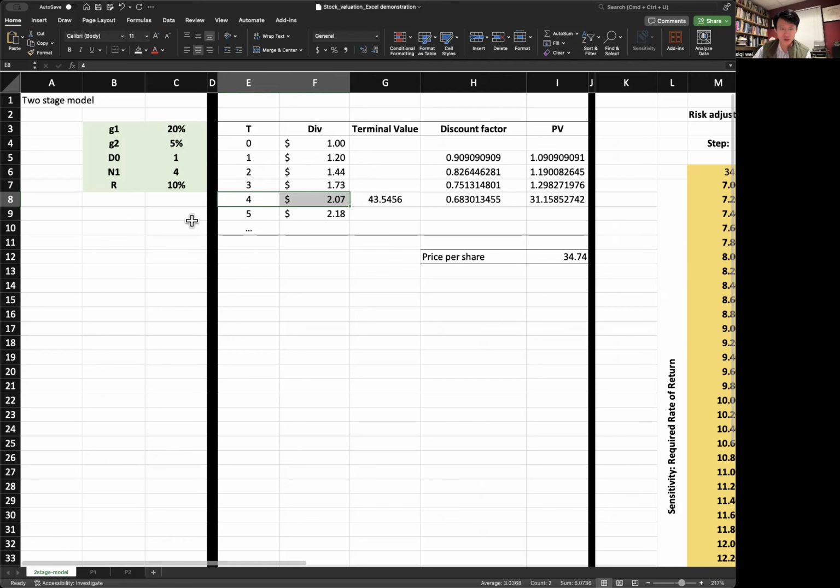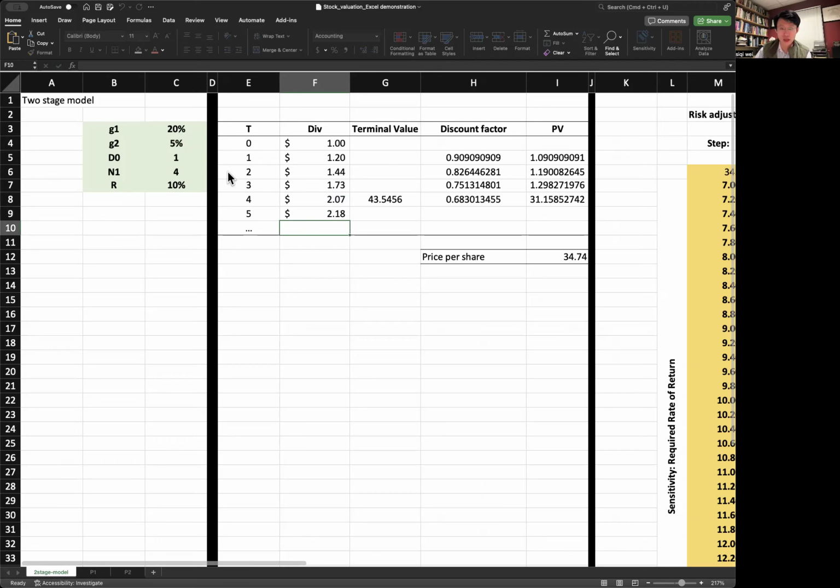So this is the starting point of the second stage. To get that, you need to use the very last cash flow at the ending point of the first stage times 1 plus the second stage growth rate.